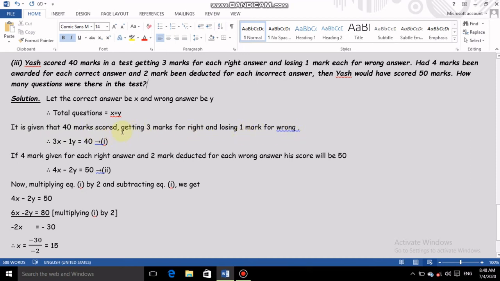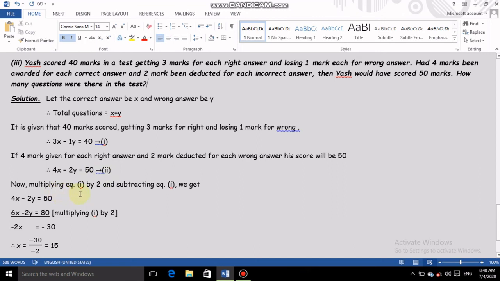It is given that 40 marks scored, getting 3 marks for right and losing 1 mark for wrong. So for x right answers, 3 into x, 3x, and for y wrong answers, y into 1, 3x minus y is equal to 40, equation 1. If 4 marks are given for each right answer and 2 marks deducted for each wrong answer, his score will be 50. So for right answer 4 marks, 4x, and for wrong answer 2 marks, 2 into y, 4x minus 2y is equal to 50, equation 2.